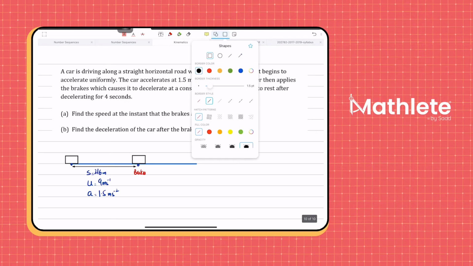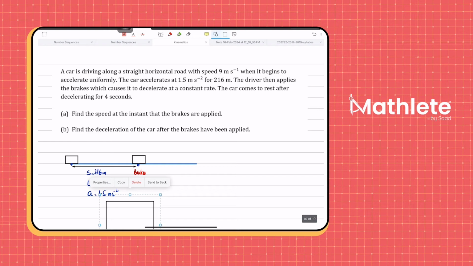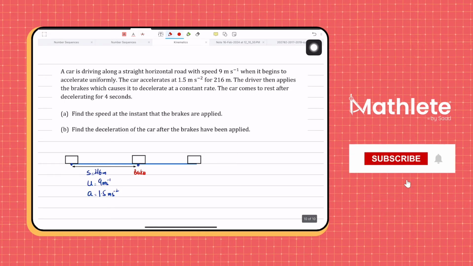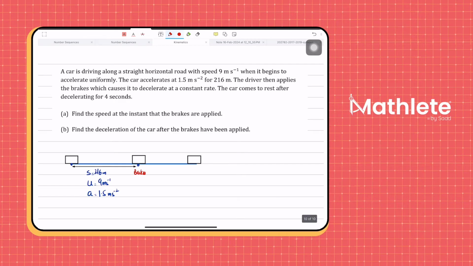Then the car begins to decelerate until it comes to rest at this point. The car comes to rest. What does that mean? That means the final velocity is 0, and it does that in 4 seconds.